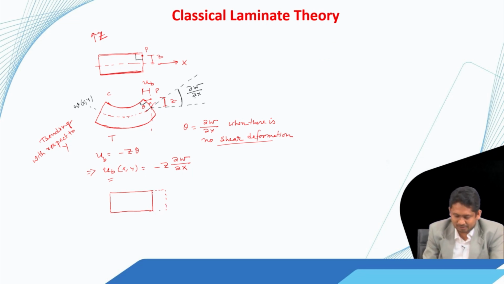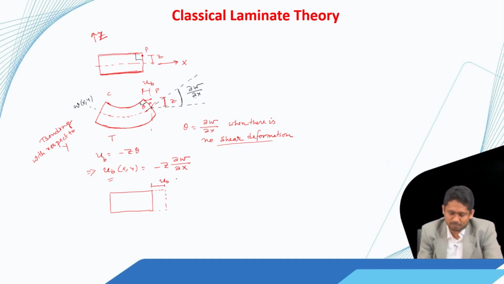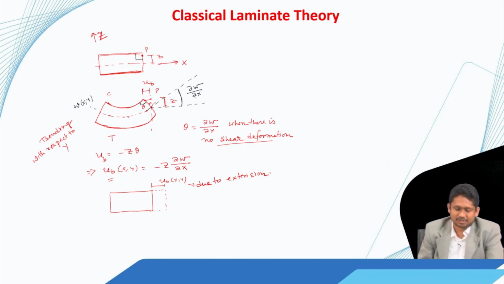That means, the entire cross section would have the same amount of displacement u 0. So, this u 0 is due to extension.